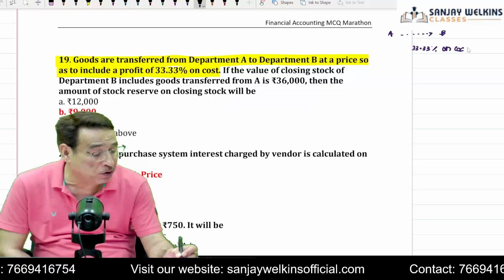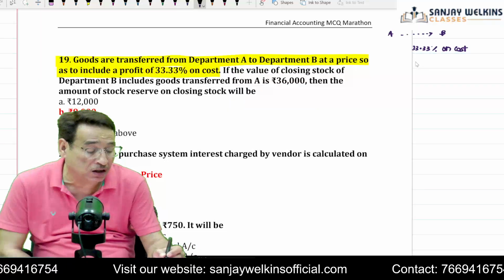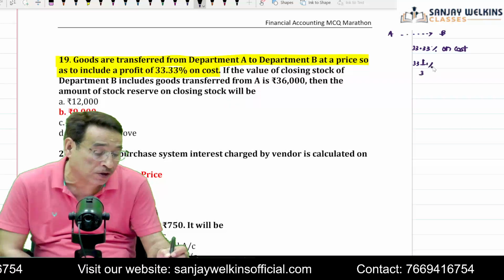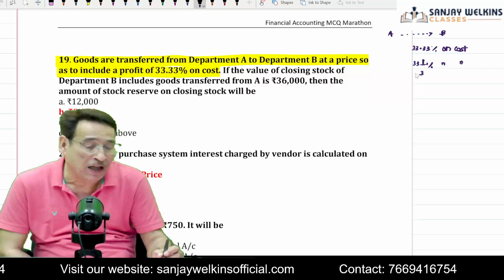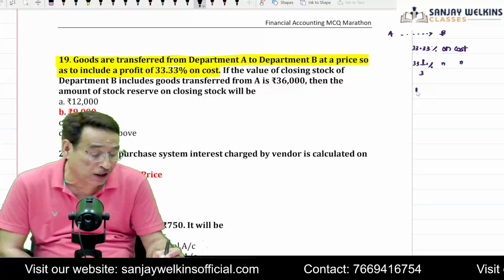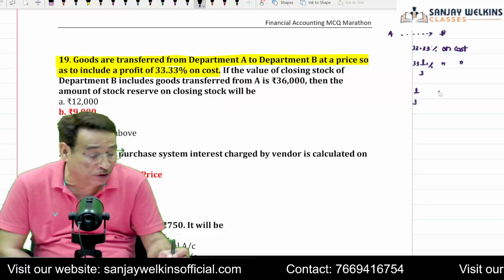First of all, you need to understand that 33 1/3% on cost, as I have told you so often in my regular classes, is equal to 1/3 on cost.